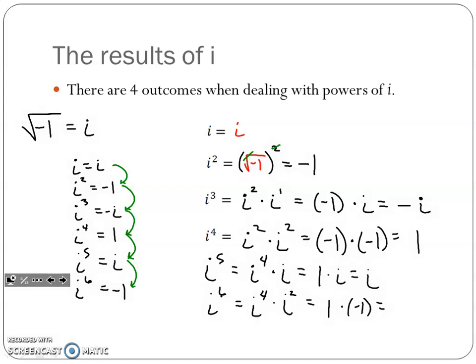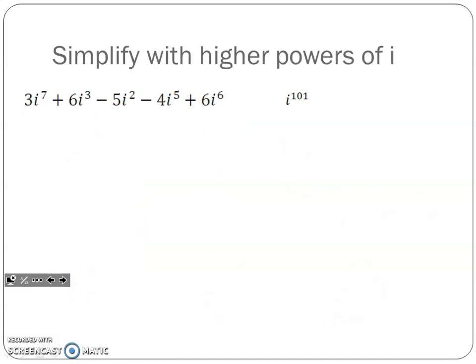So basically, every possible imaginary number that you have, no matter how many times you multiply it by different i's, has to simplify down to one of these 4 options. So, starting out, I've got 3i to the 7th plus 6i cubed minus 5i squared minus 4i to the 5th plus 6i to the 6th.